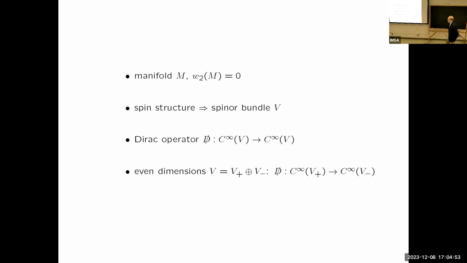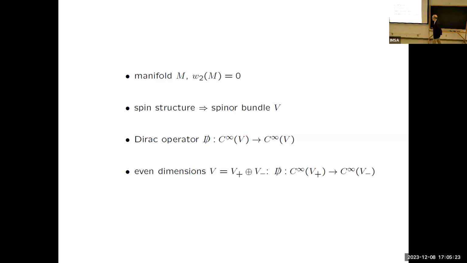So this is the sort of thing that I was looking at in my thesis. In general, if you have a manifold M which satisfies this topological condition, this spin condition, the second Stiefel-Whitney class should be 0, then that admits a spin structure, which means you can construct a certain vector bundle over it, a spinor bundle, and an associated elliptic differential operator, the Dirac operator.